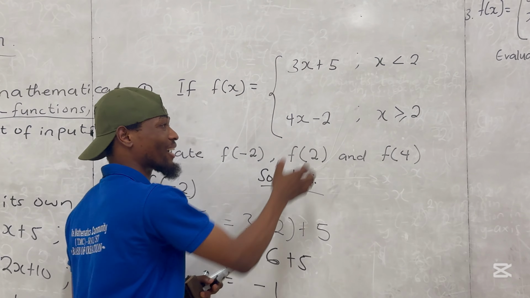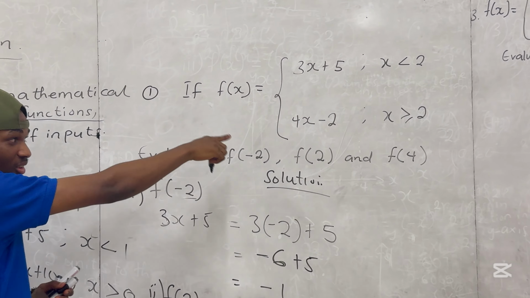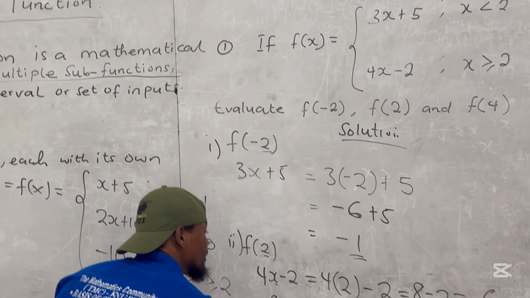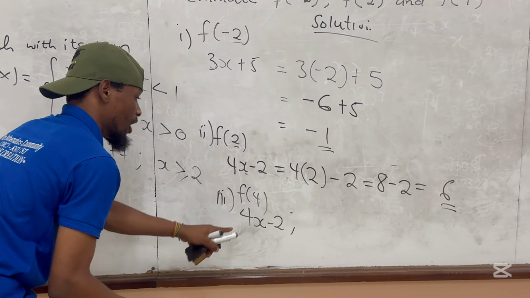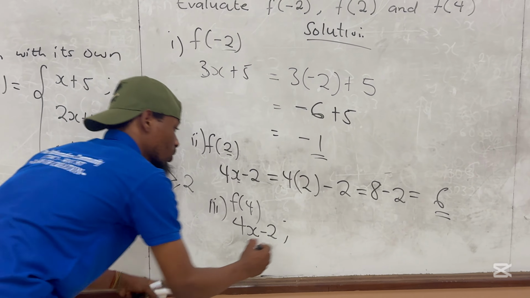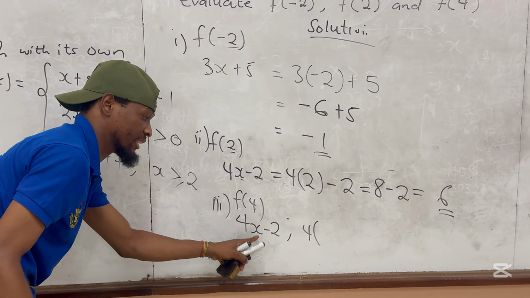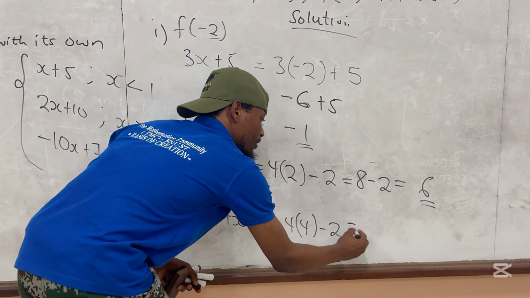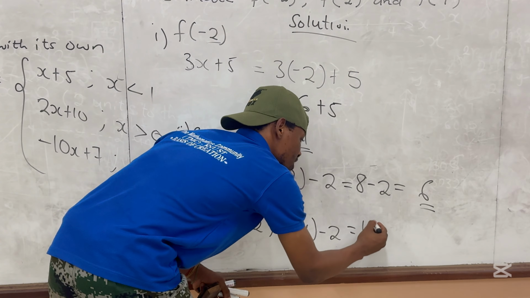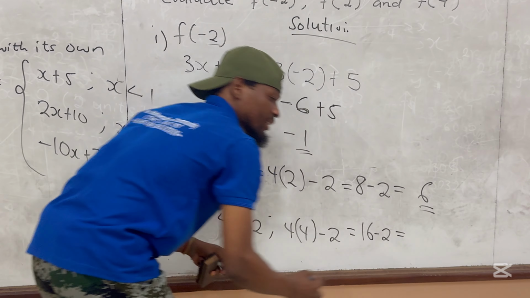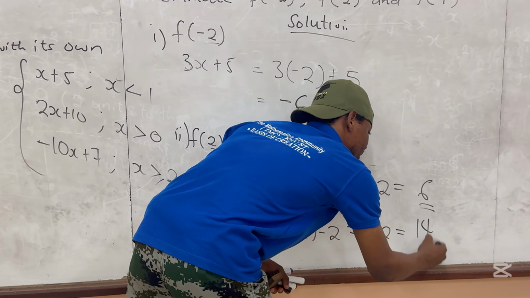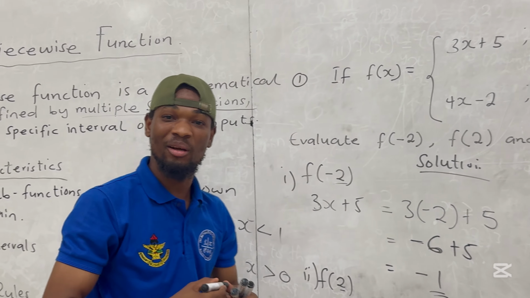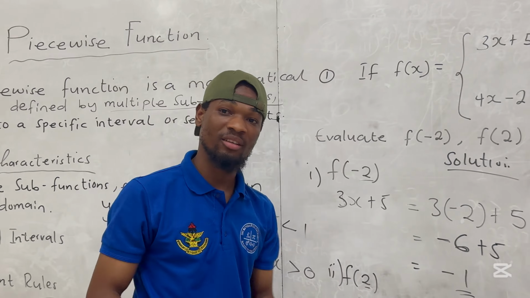As a result of that, I'll tackle the last function, which is 4x minus 2. If I input 4 over here, 4 times x is 4 over here, then minus 2. So 4 times 4 gives 16 minus 2, and my final answer becomes 14. As simple as that. Can you see how simple piecewise functions can be?